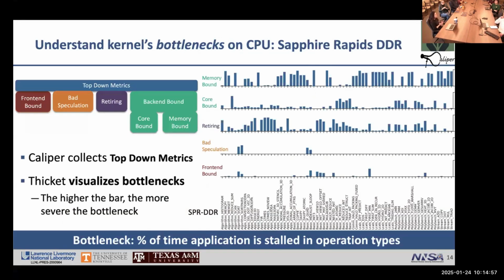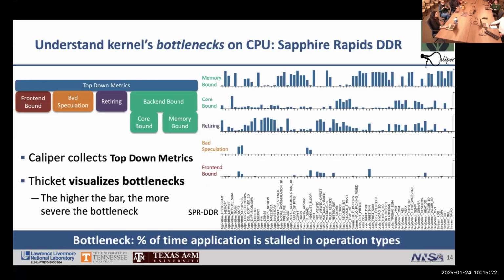But an example of some of the analysis we can do using that workflow is to understand a kernel's bottlenecks. There's a lot on the slide, so I'll step you through it. We did this analysis on the Sapphire Rapids CPU with DDR memory. We used Caliper to collect what are called the top-down metrics.